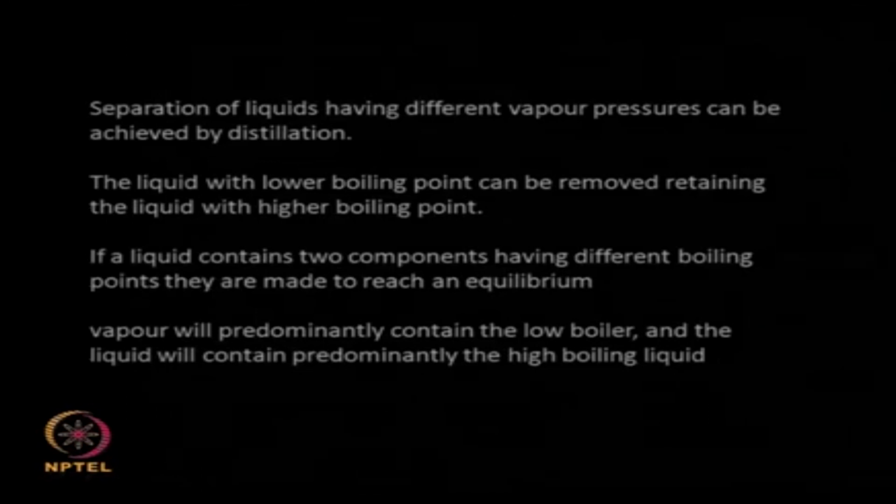For example, I have methanol and water, I heat it up, there is a vapor formed and there is a liquid. When I keep these two in equilibrium and analyze the vapor, it will have more methanol. If I analyze the liquid, it will have more water, because methanol is lower boiling than water. So if I condense the vapor, I will have more methanol.